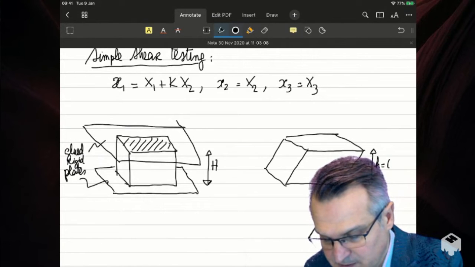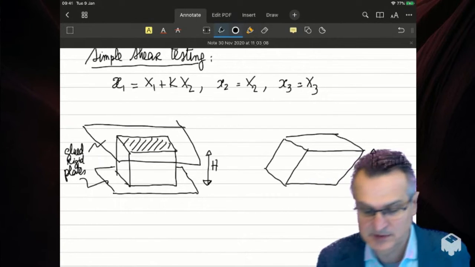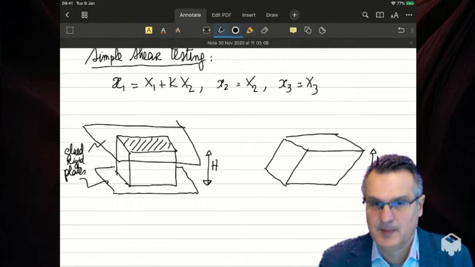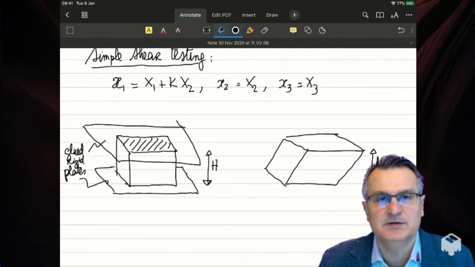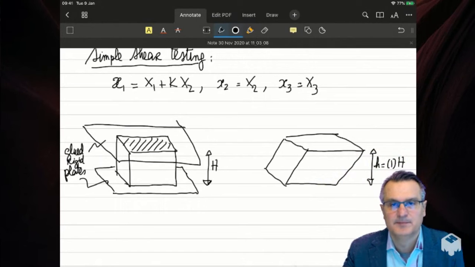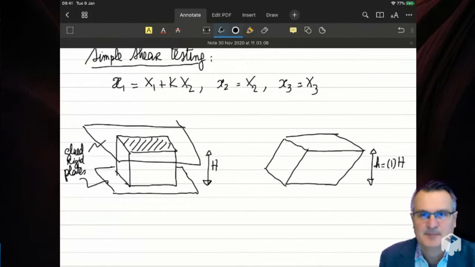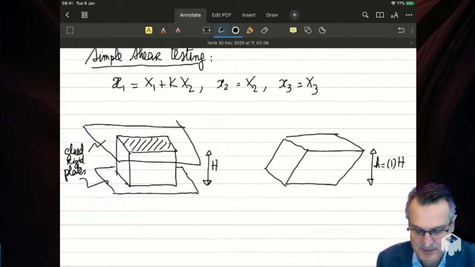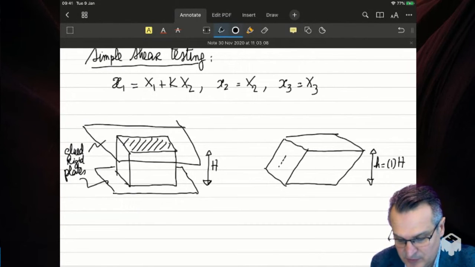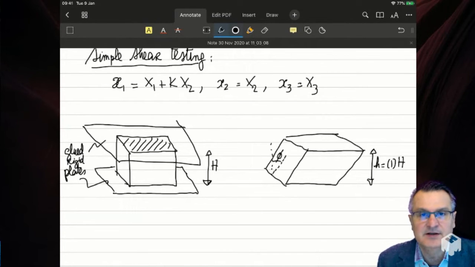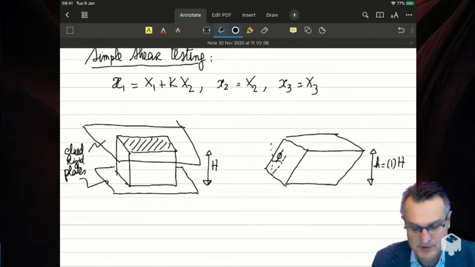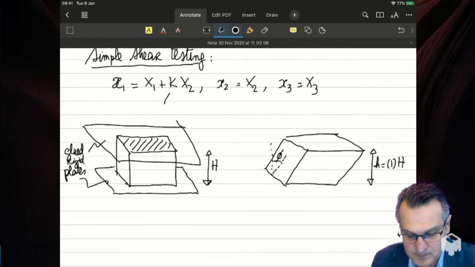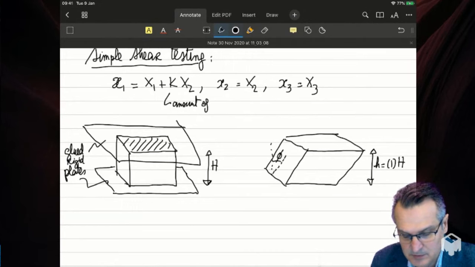The new height is going to be h, 1 times h. And what else is there? There's the angle. Okay, I won't go into all the details because we've seen that before. That angle phi. Tan of phi is k, the amount of shear. All right, that's called the amount of shear.